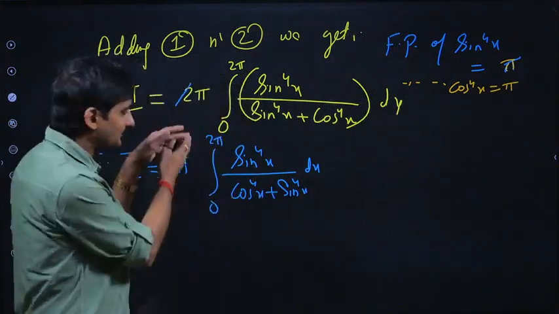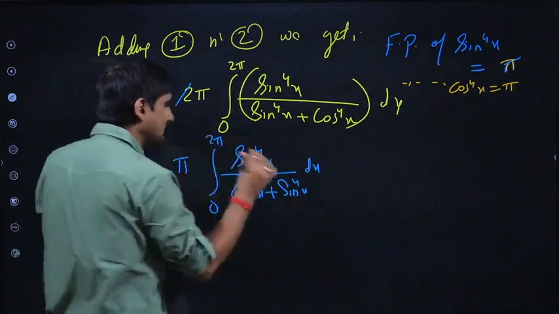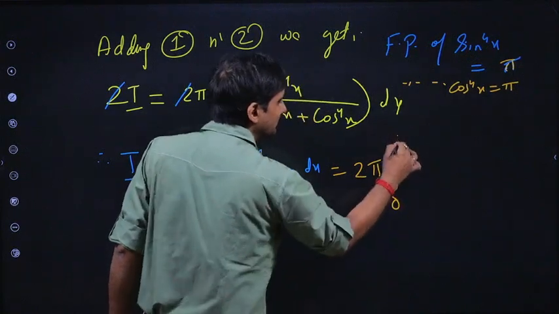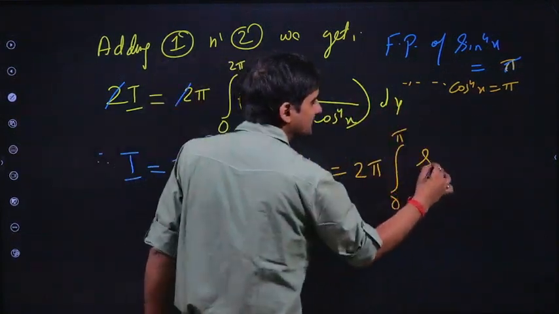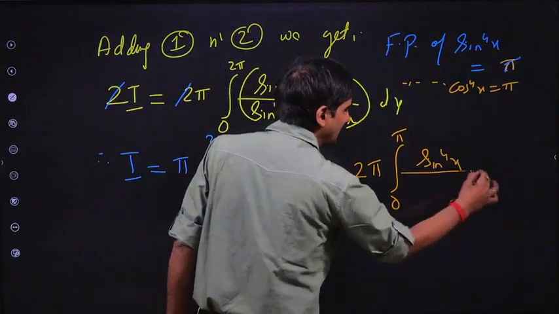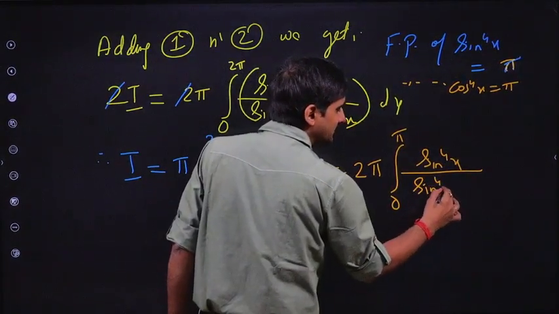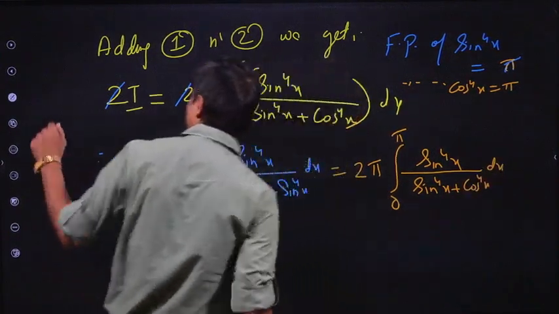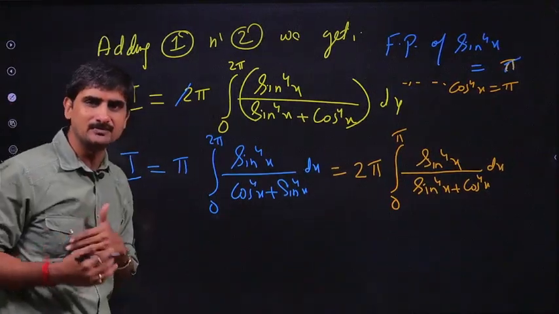Now the integral is from 0 to 2 pi. So using that property of periodic functions, it will be 2 times the integral from 0 to pi. I could have applied the Katappa property also to claim it, but I prefer to use this property because I just wanted to share as many properties as I can.